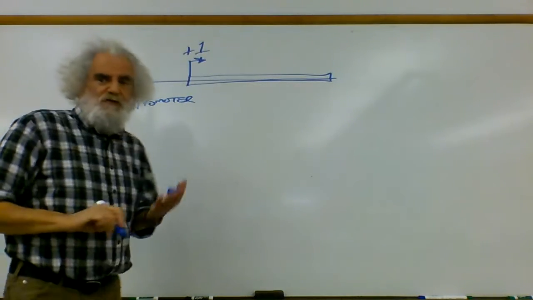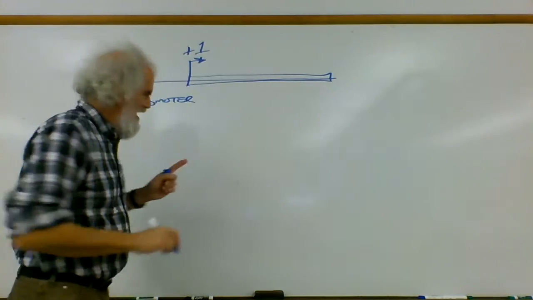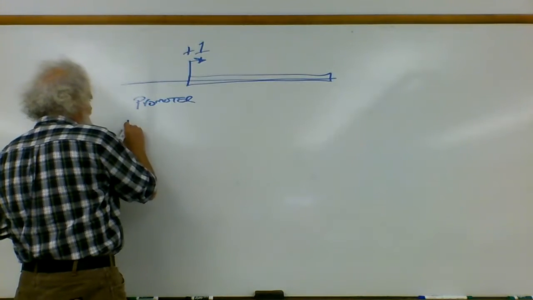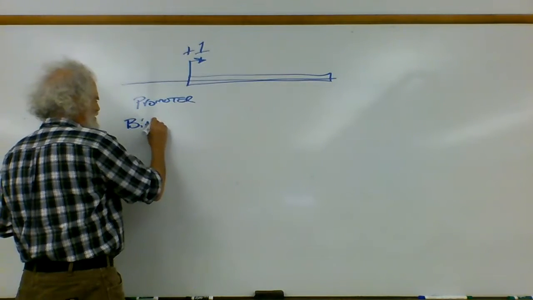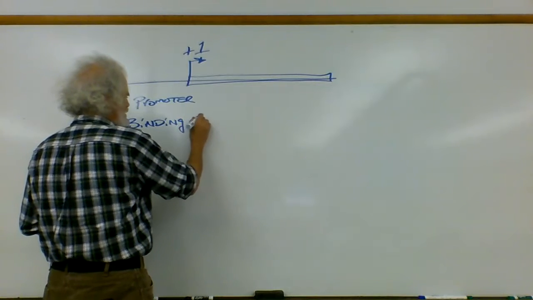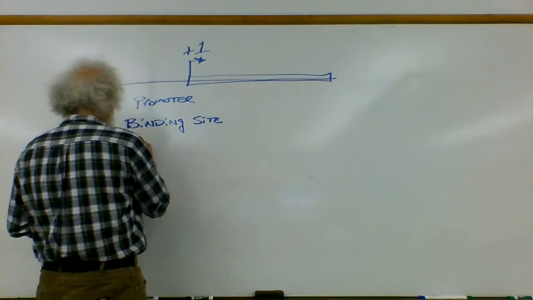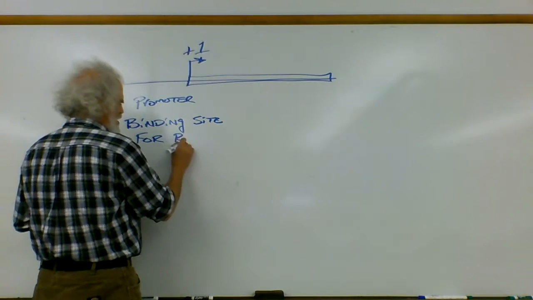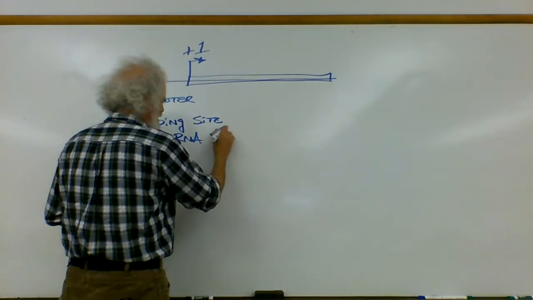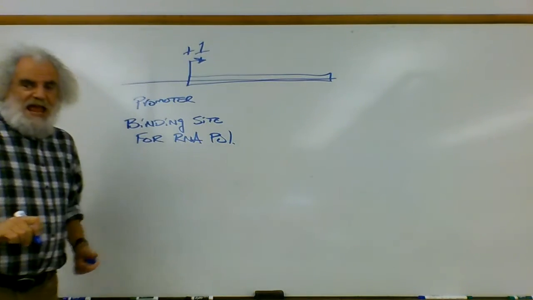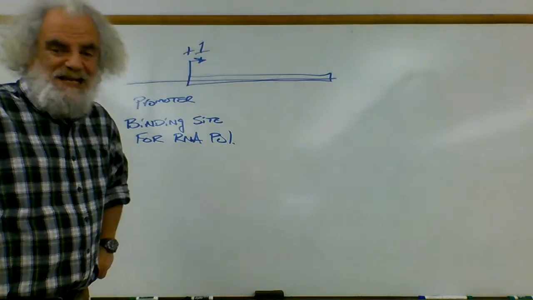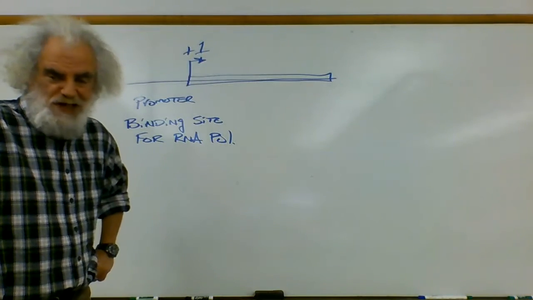The promoter really is doing one thing. It is the binding site for RNA polymerase. It typically has an AT-rich region, what we know as the TATA box.